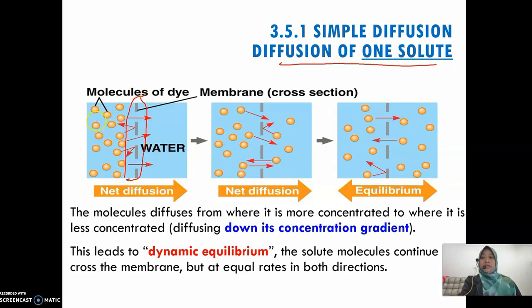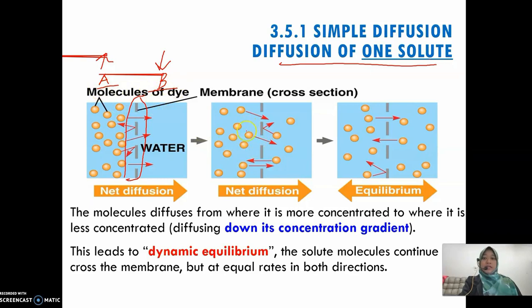And we can see that at site A, molecules of dye are very high compared to site B. Since molecules move at random, however, the population of molecules will move in a specific direction. It moves from high concentration site to low concentration site. So at this point, molecules of dye will move from side A to side B.